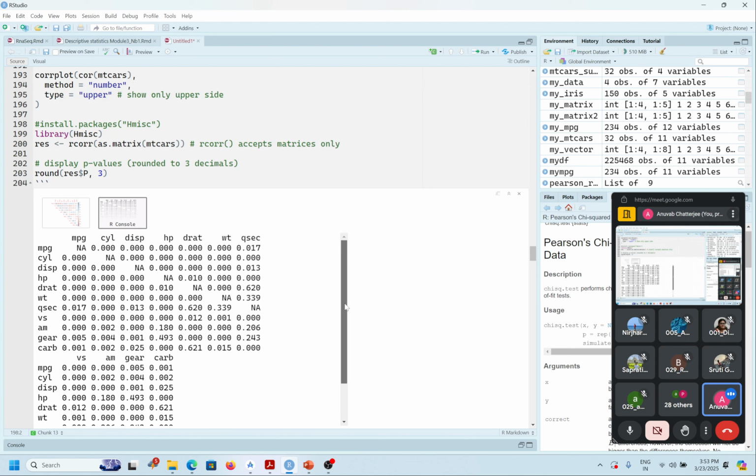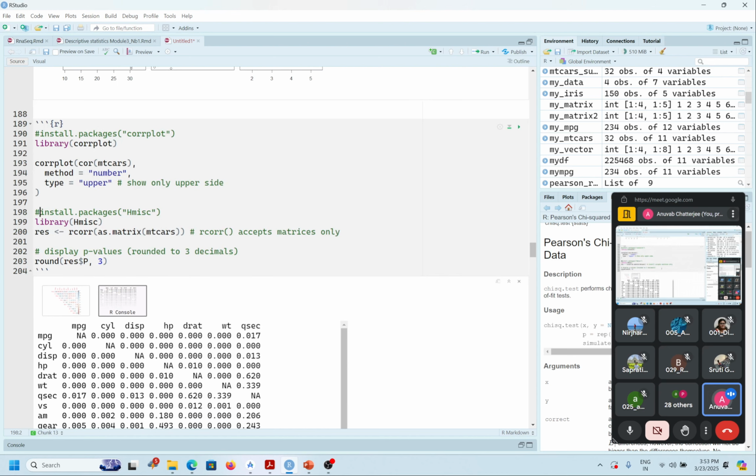Everyone tell me, is this fine? Like we are on the same page regarding correlation of an entire matrix at once?